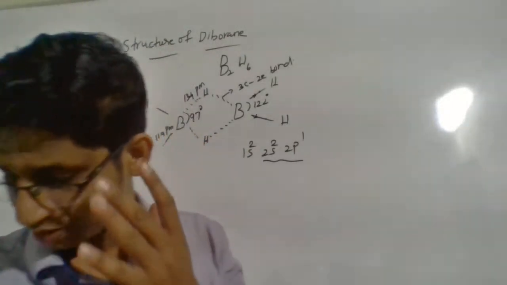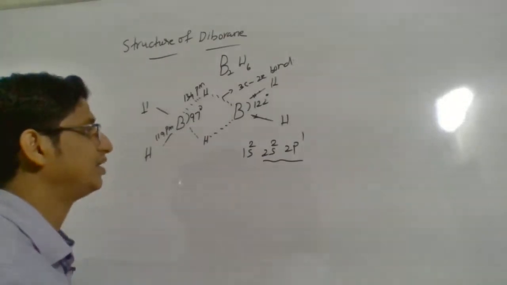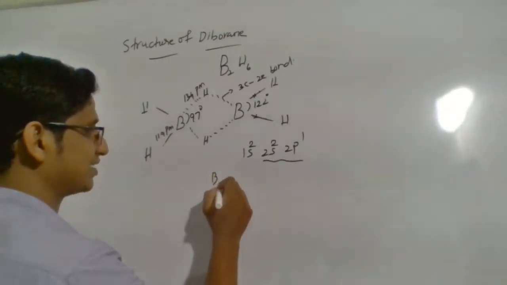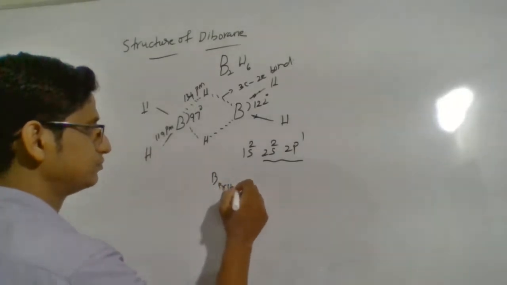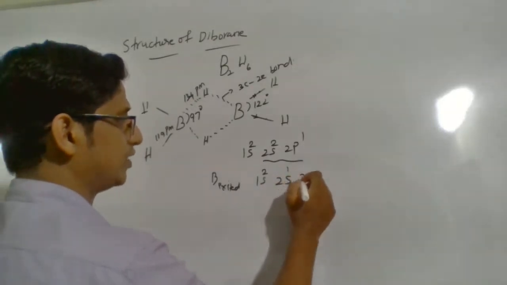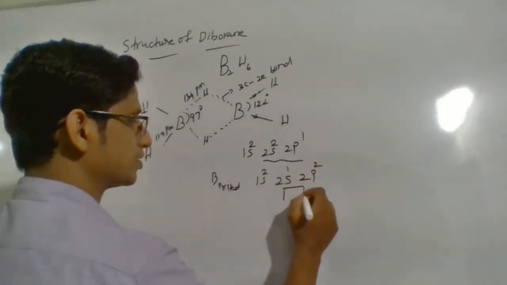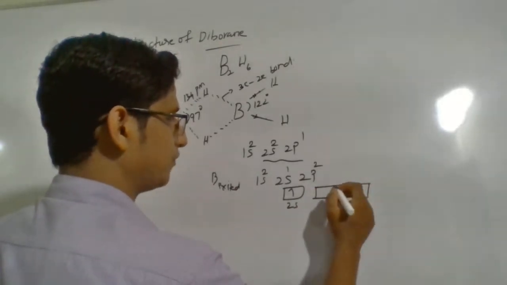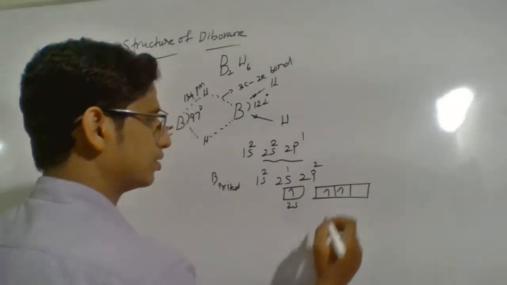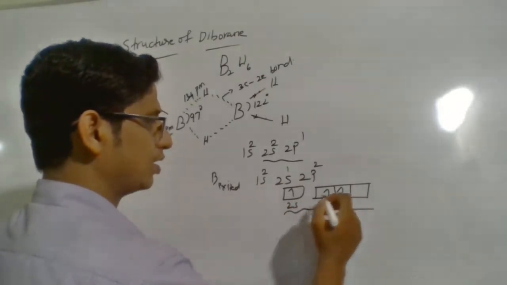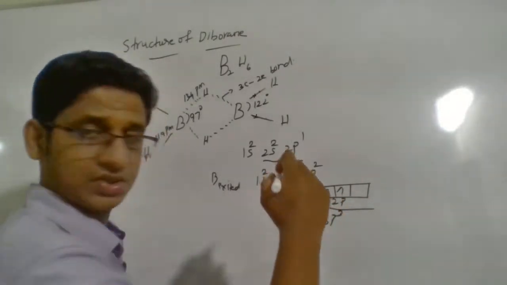If you talk about the hybridization, we can think of boron having a configuration like this. Boron in the excited state becomes 1s2 2s1 2p2 configuration. But now this undergoes sp3 hybridization.